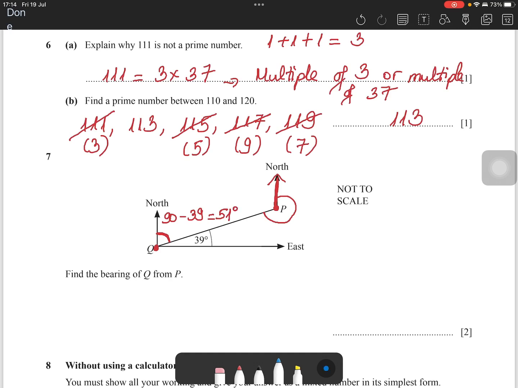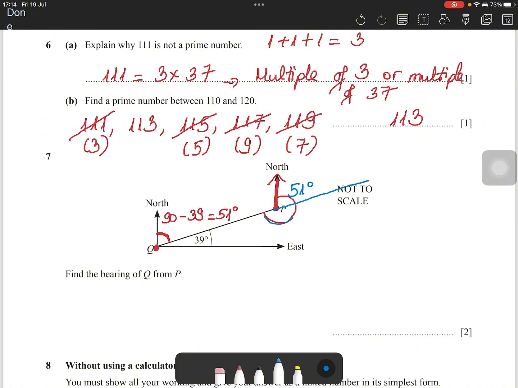And then to find the bearing of Q from P, we can extend this line. And you can see that these two are parallel lines. This one is a transversal. So this angle and this angle are equal because they are corresponding angles, which means this angle is 51 degrees.